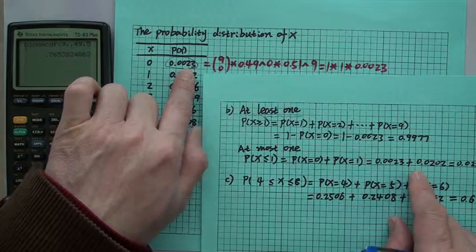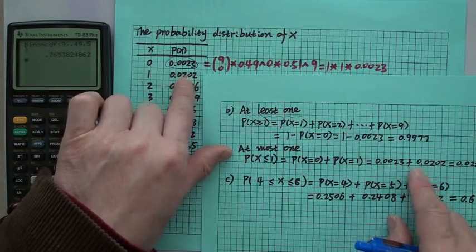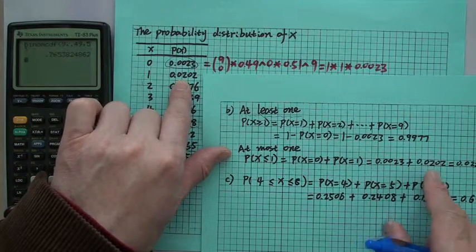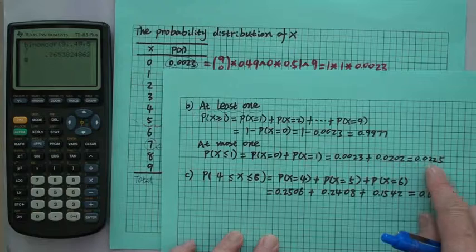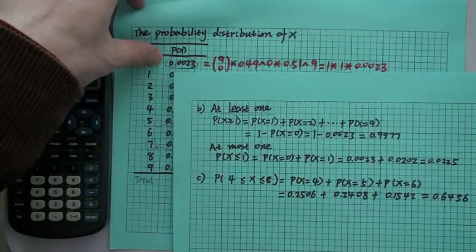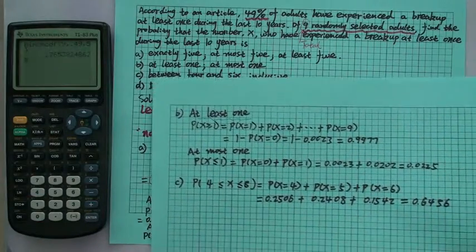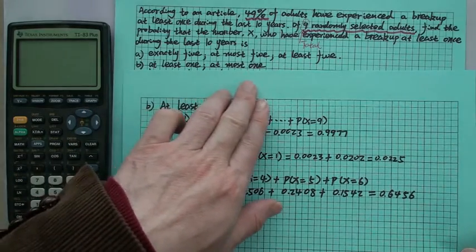The second one is 0.0202, right down here. So the value then is 0.0225. So basically what we have done here is for case B, at least 1 and at most 1.